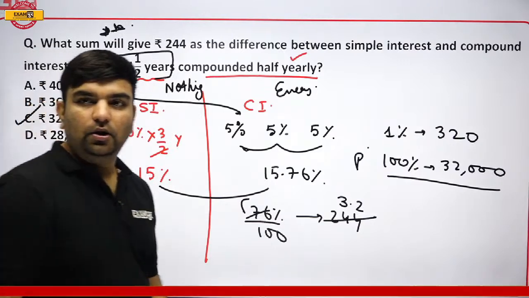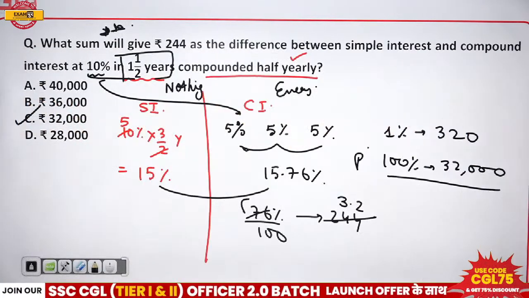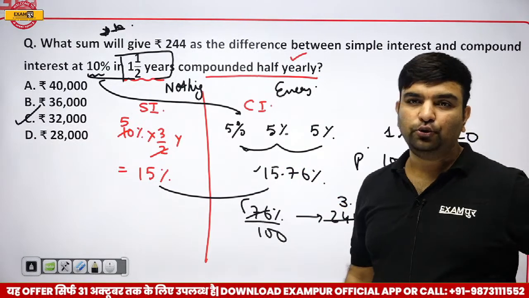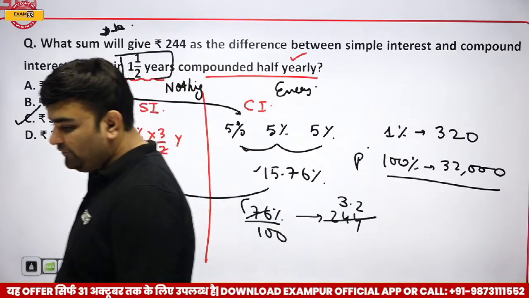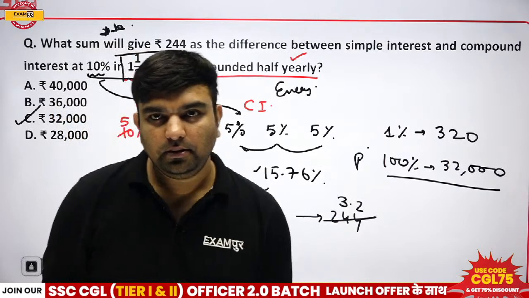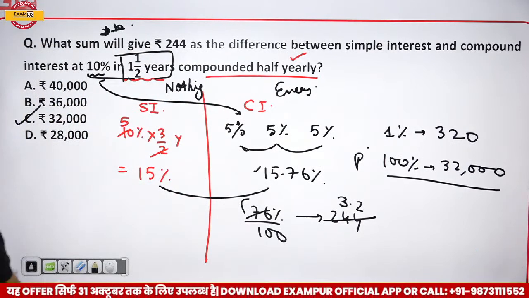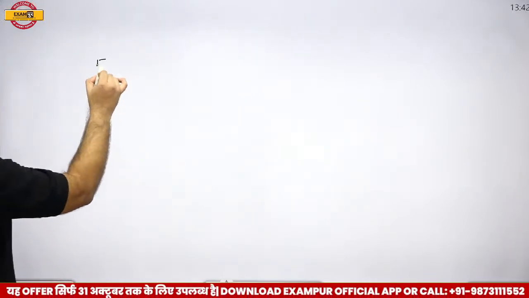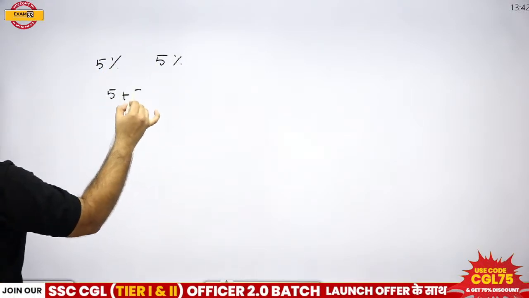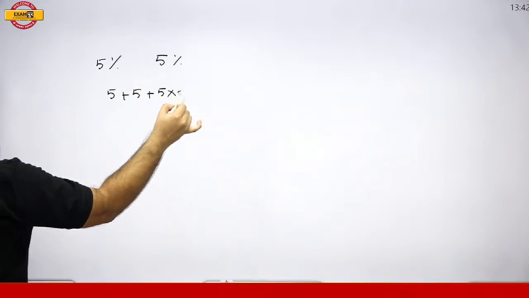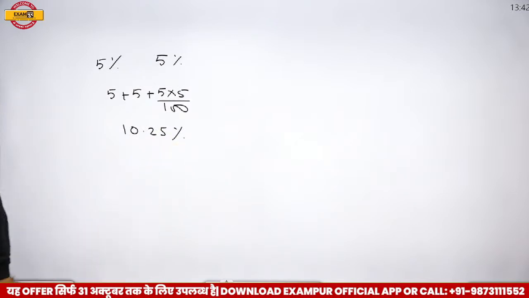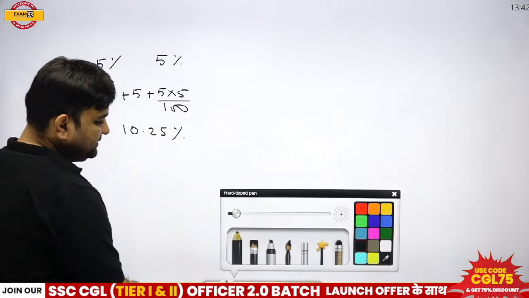Well done. Okay, I would be telling you, these are some standard results I told you to remember. Actually, what happens when we calculate the effective of 5 and 5? We calculate it as A plus B plus A into B upon 100, which is 10.25%.